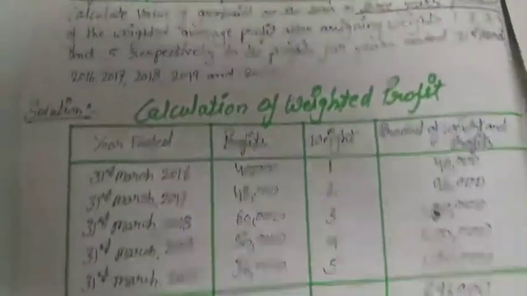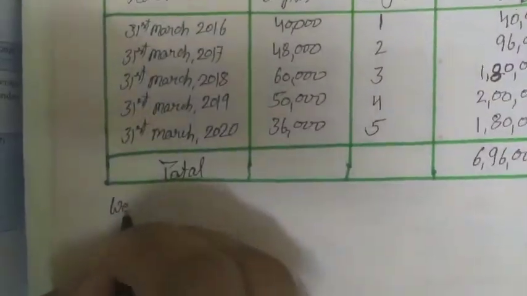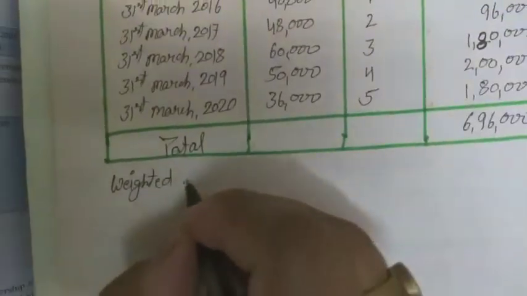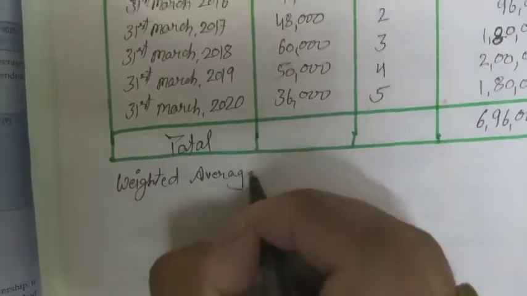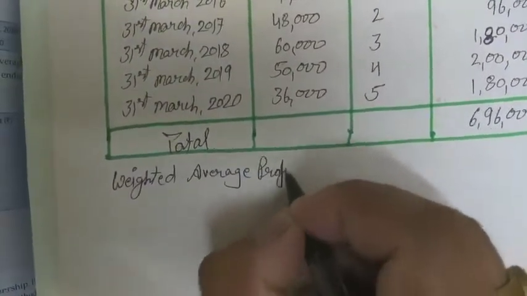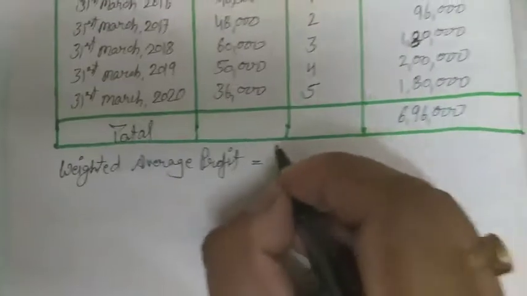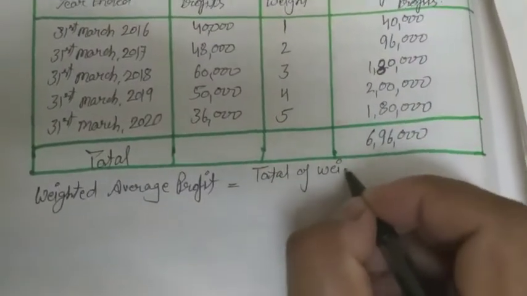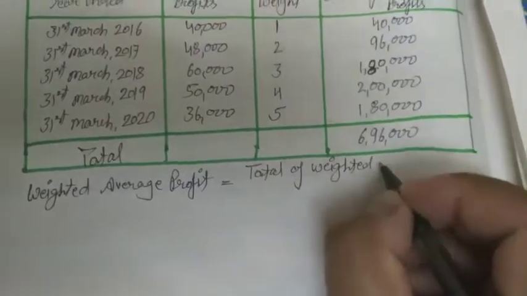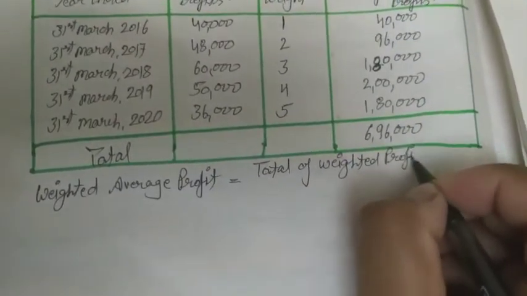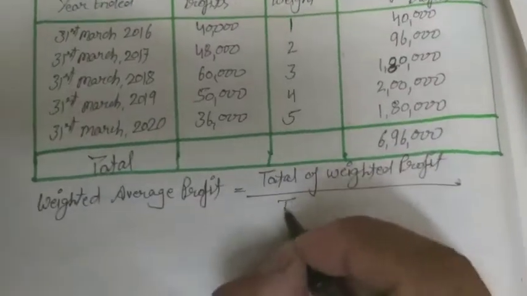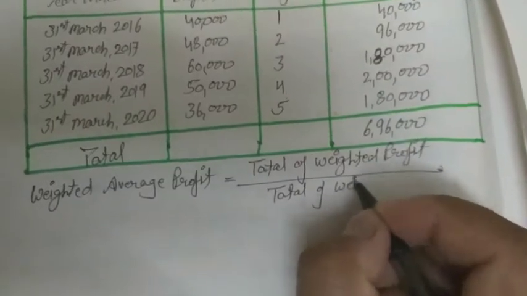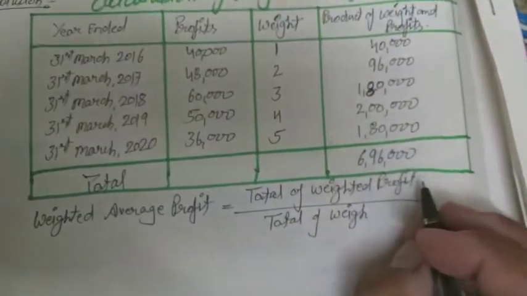Now I am putting the formula of weighted average profit is equal to total of weighted profit upon total of weight.